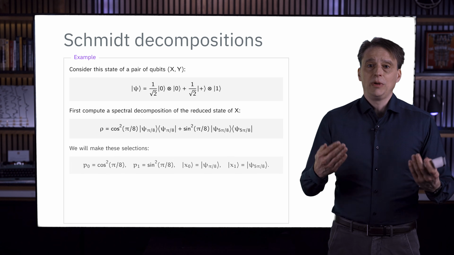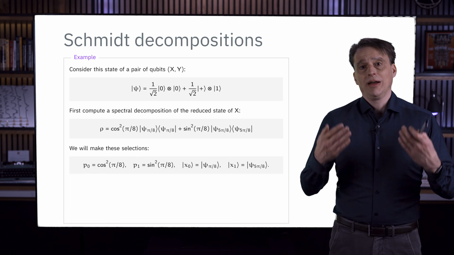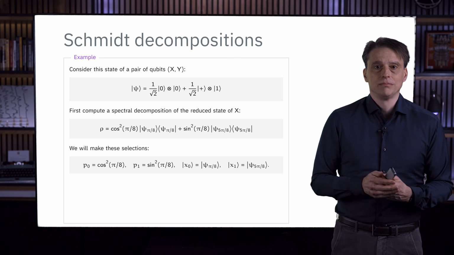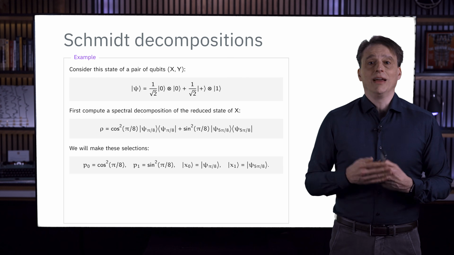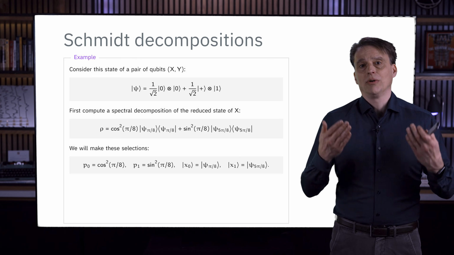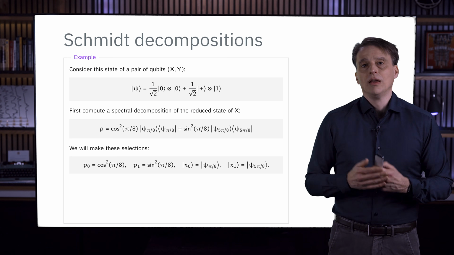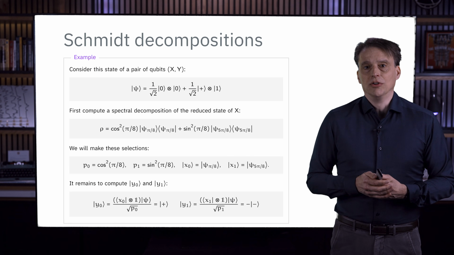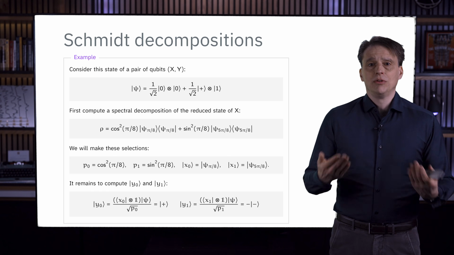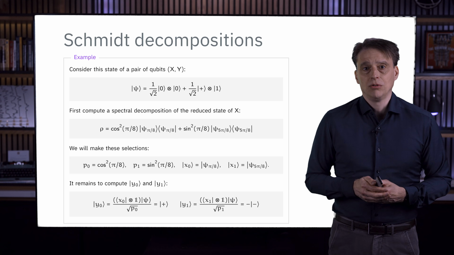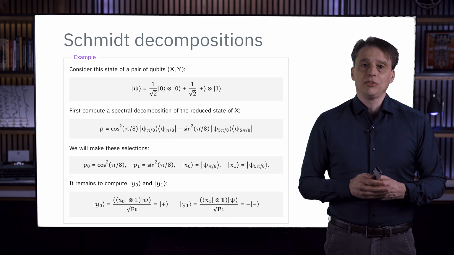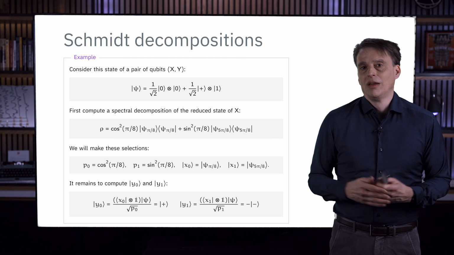So we choose p0, p1, x0, and x1 as is shown on the screen. p0 and p1 are the eigenvalues of rho, and x0 and x1 are corresponding unit eigenvectors. And so it remains to compute y0 and y1. And if we do this, we get ket plus for y0 and -1 times ket minus for y1. That's not immediate.